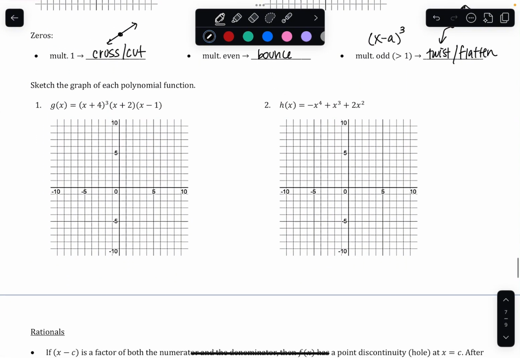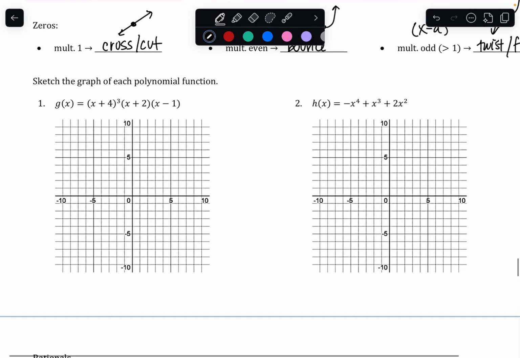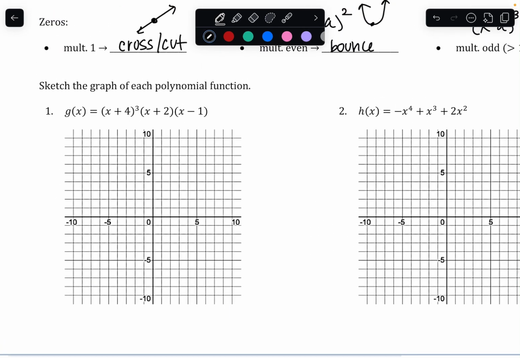Looking at our first example, it is factored for us, and so we can imagine what it would look like if we multiplied all of this out. We would have an x cubed, and an x times an x, and so we would end up with an x to the 5 as our first term. Because all the coefficients are 1, we know the leading coefficient would be 1. Because the leading coefficient is positive, we know the right side is going to be up.